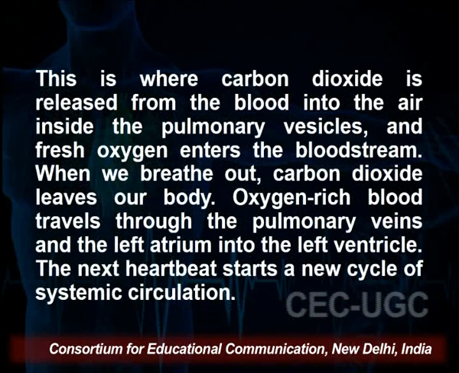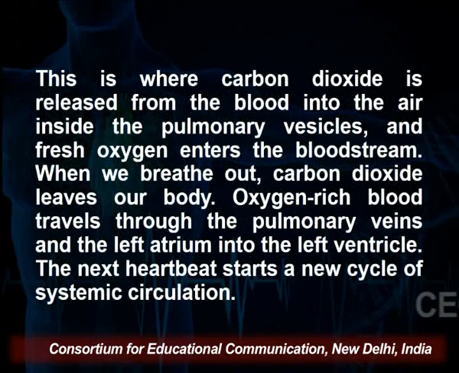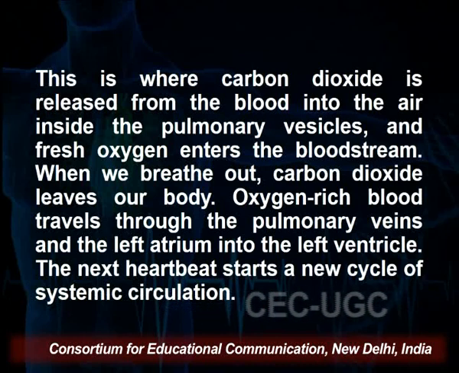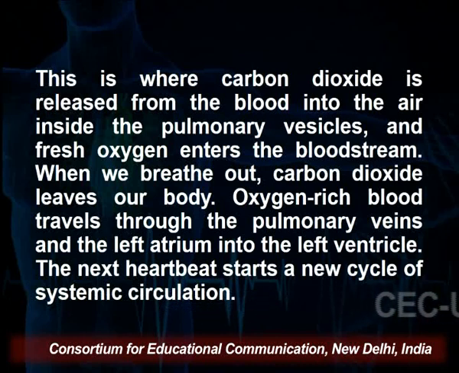This is where carbon dioxide is released from the blood into the air, and fresh oxygen enters the bloodstream, and when we breathe out, carbon dioxide leaves our body. Oxygen rich blood travels through the pulmonary veins and the left atrium into the left ventricle. The next heartbeat starts a new cycle of systemic circulation.